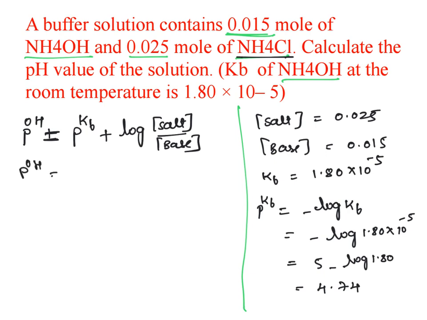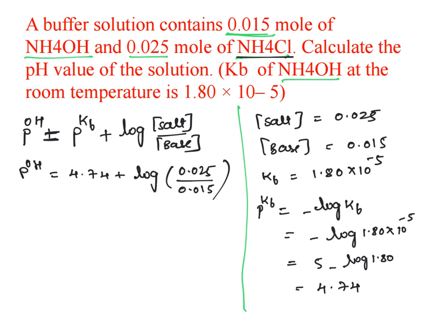pOH equals pKb 4.74 plus log of the concentration of ammonium chloride, 0.025, by the concentration of the base, 0.015.